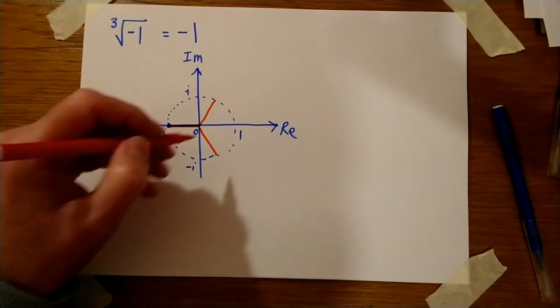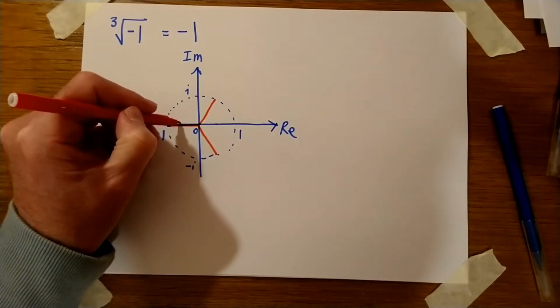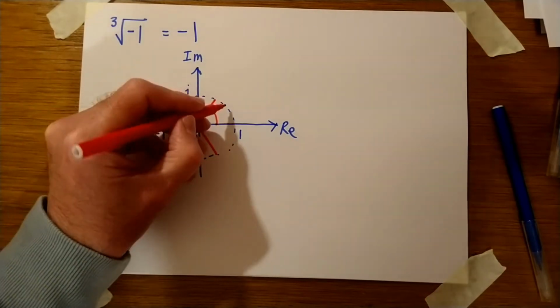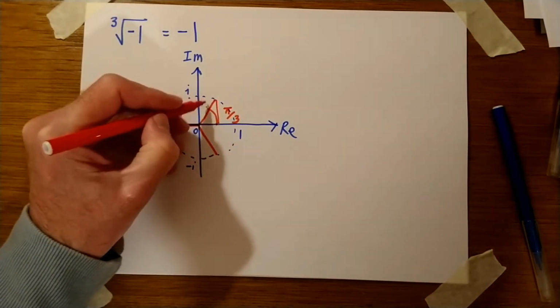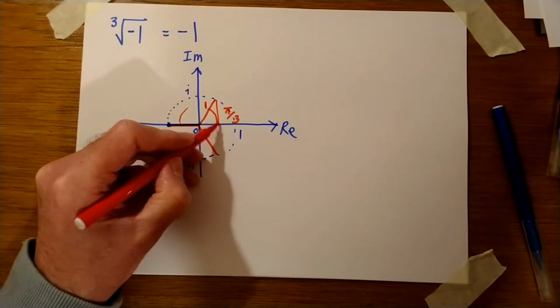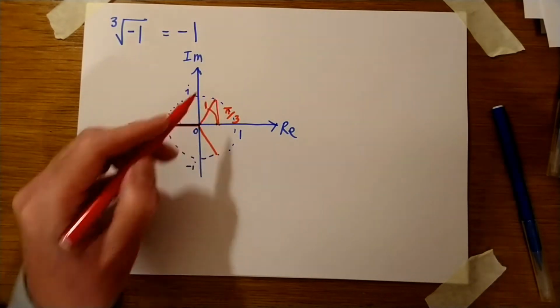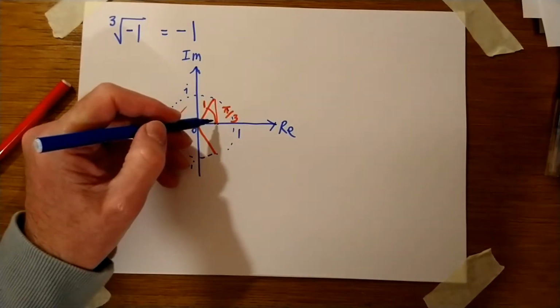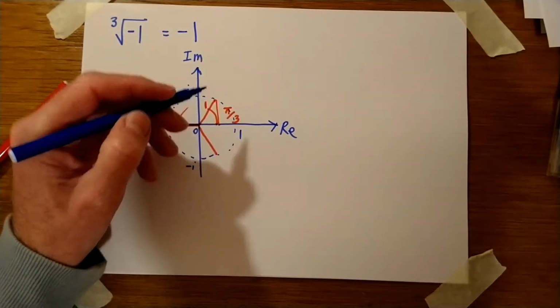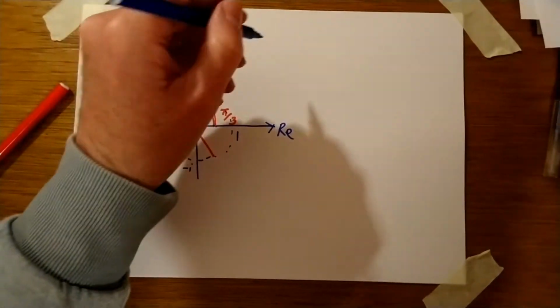Okay, so now we can actually work out, if this is 2 pi over 3, this bit here must be pi over 3. We know this length is 1, so we can work out the real and imaginary parts of that complex number. So let's do that. Pi over 3, if you remember, is equivalent to 60 degrees, if you prefer to think of it that way.